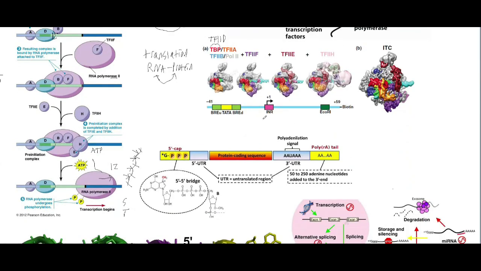So the RNA that comes off can be in one of a few forms. The one that's sort of the canonical form is what's called mRNA for messenger RNA.